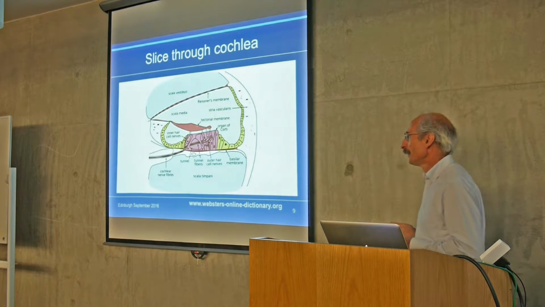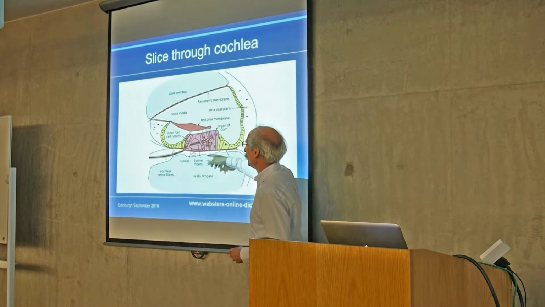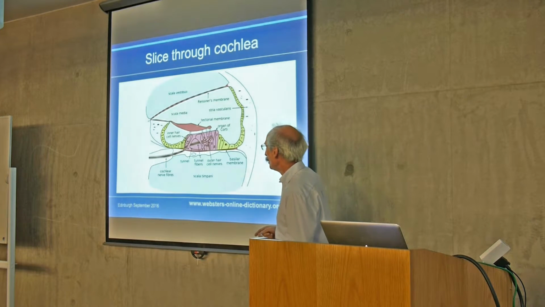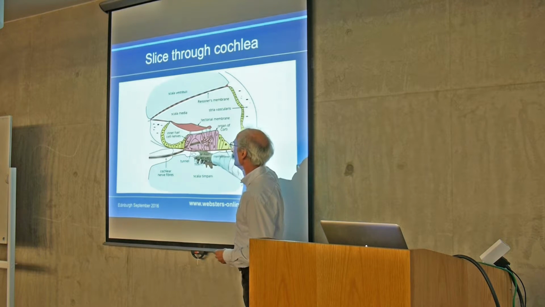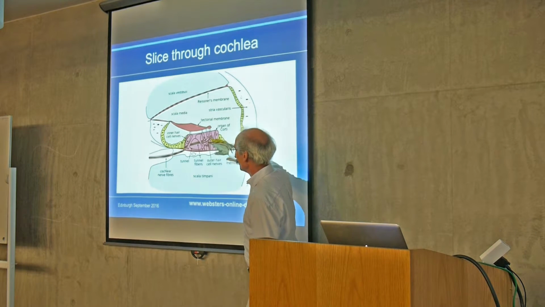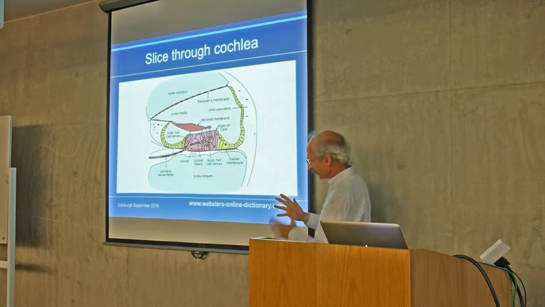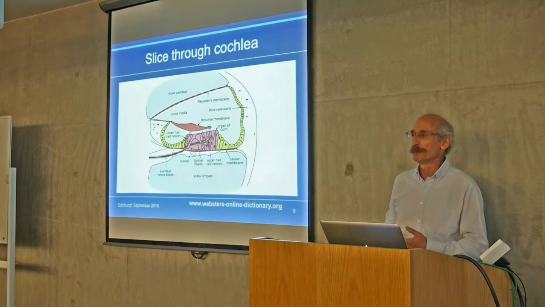Slicing through the cochlea, you get the tectorial membrane and the basilar membrane, and then you have the inner hair cells whose movement causes changes at the connection between the cochlear nerve fibers and the inner hair cells and the outer hair cells, which are used to adjust the precise way in which this works. And there's a whole literature on the precise way in which this has been put together.